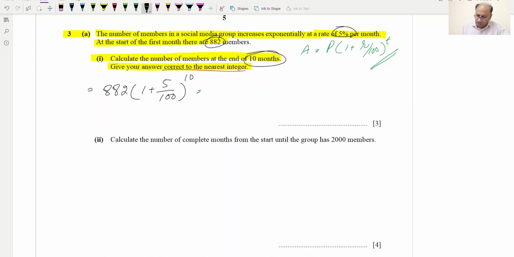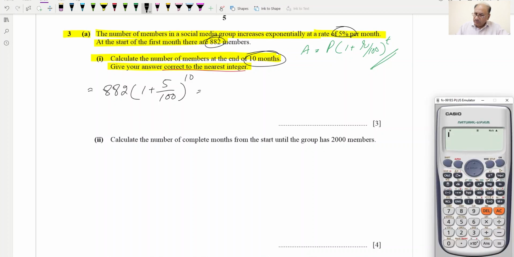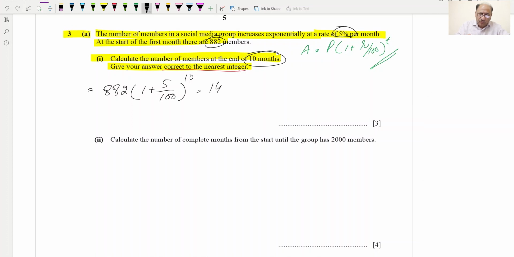So 10 here, and we can calculate this. This will be 882 in brackets, 1 plus 5 over 100, raised to the power 10, and this is equal to 1436.685, and we can round to the nearest integer, 1437. So 1437, this will be the answer for 3 marks.